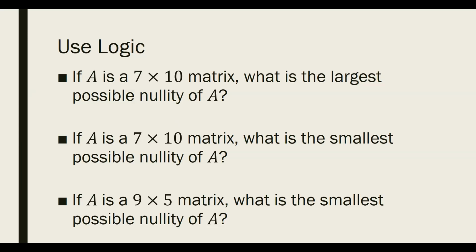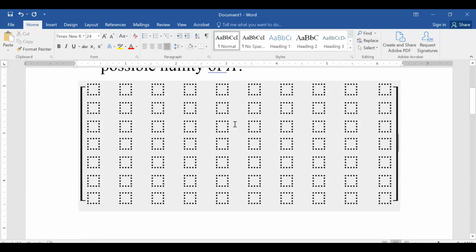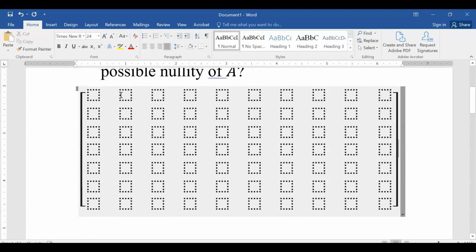Hopefully you went ahead and solved these problems. So if A is 7 by 10, what's the largest possible nullity? Well, the largest possible nullity is 10. All right, why is that? Well, if I took a big 7 by 10 matrix, what's the largest number of free variables I could have?